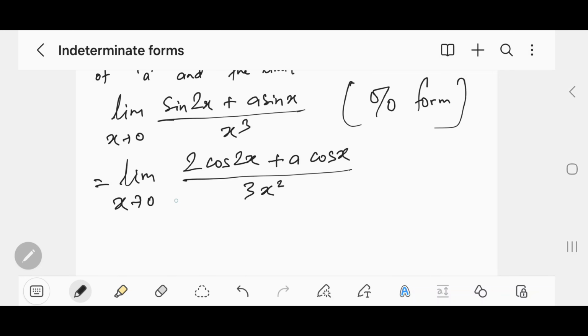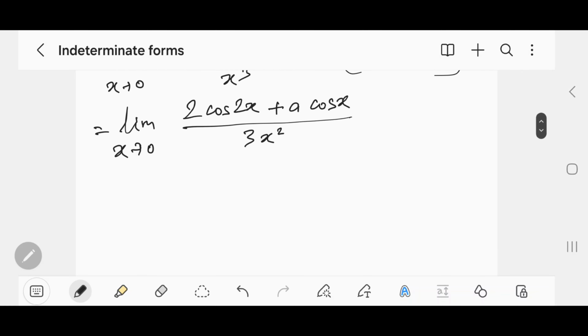Now if we use x tends to 0 here, the denominator will tend to 0. However, the numerator does not vanish. Let's use this limit here.